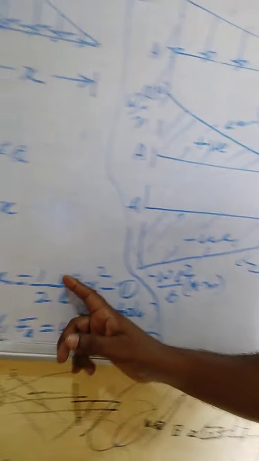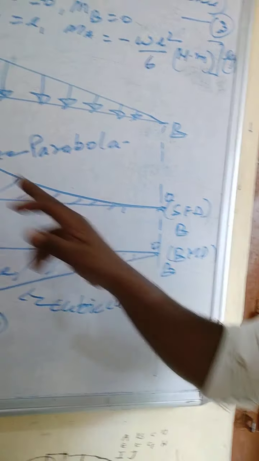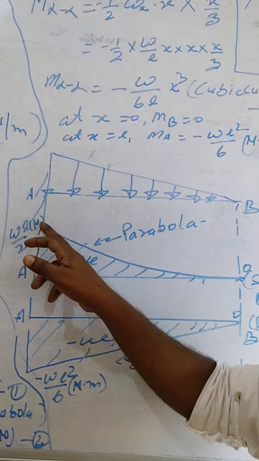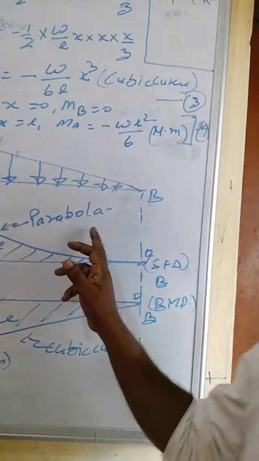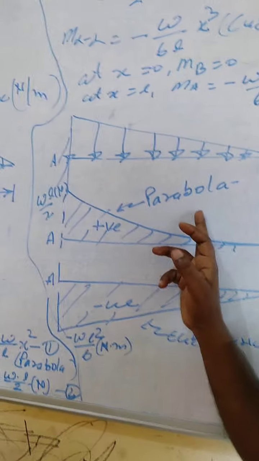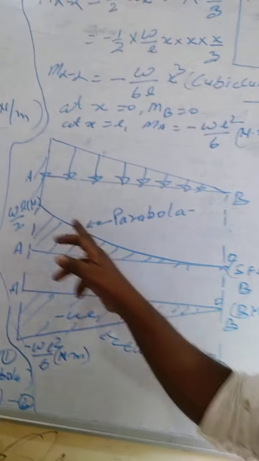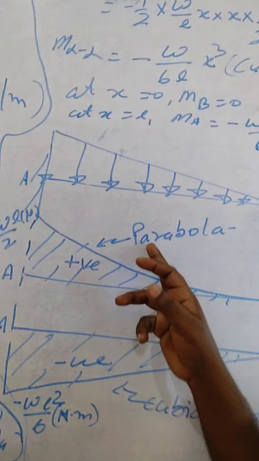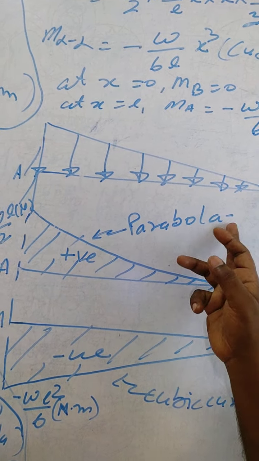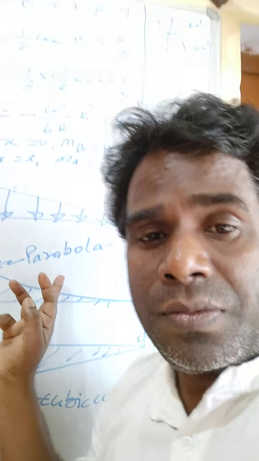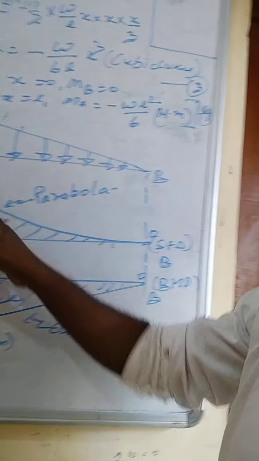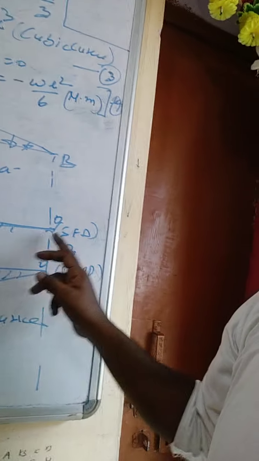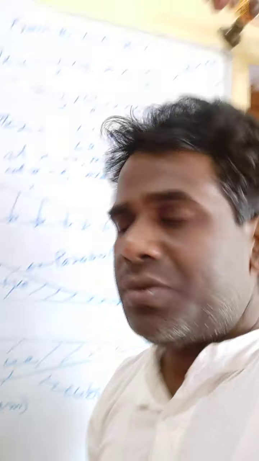Here it is positive, so it will be opened up, like this, 0 here, and you have to write down that this is a parabola curve. This is the complete drawing of the shear force diagram.